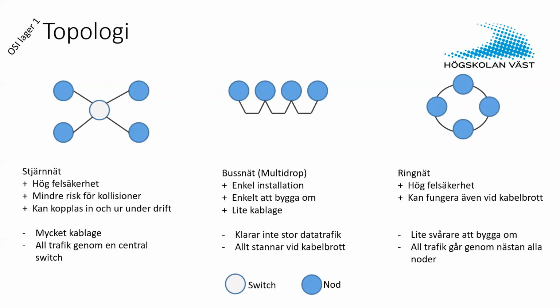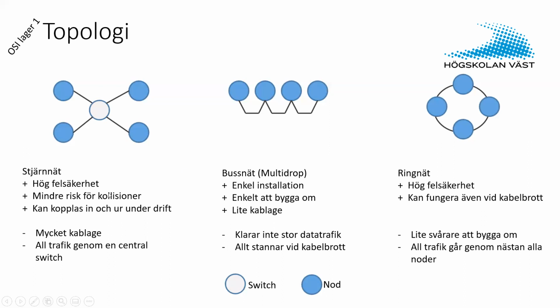You have a central node, a switch or a router, and you connect your nodes or clients each individually to this switch. It's very often the same in wireless Wi-Fi. You have an access point, and then you have all the clients connecting to it.